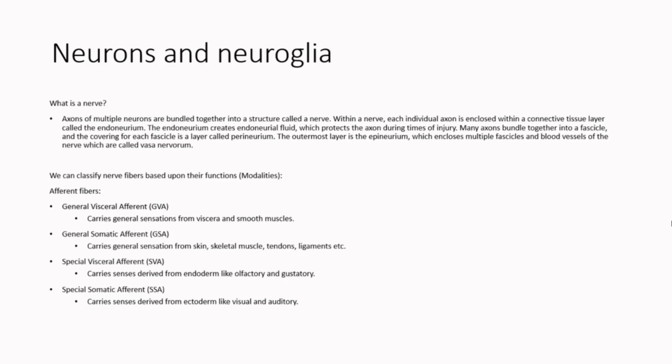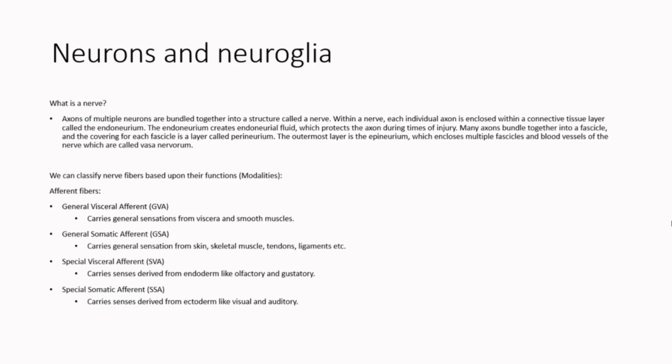And when we have multiple axons bundled together, they will be bundled into a fascicle. And every fascicle has another connective tissue covering called the perineurium. Then multiple fascicles, with vasa nervorum, which are blood vessels of the nerve, are enclosed by another layer, and this is the outermost layer, and it's called the epineurium.